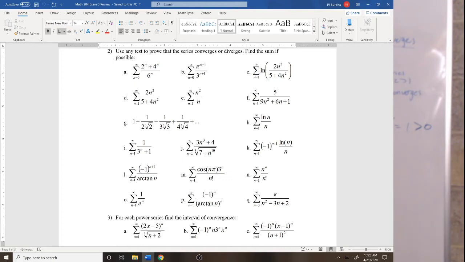Okay, so that is an alternating series, but because of that n factorial, I think I would prefer to use the ratio test. Remember, the ratio test is always good to use when we see factorials. So m and n there look like they're ratio tests. All right. What about h?